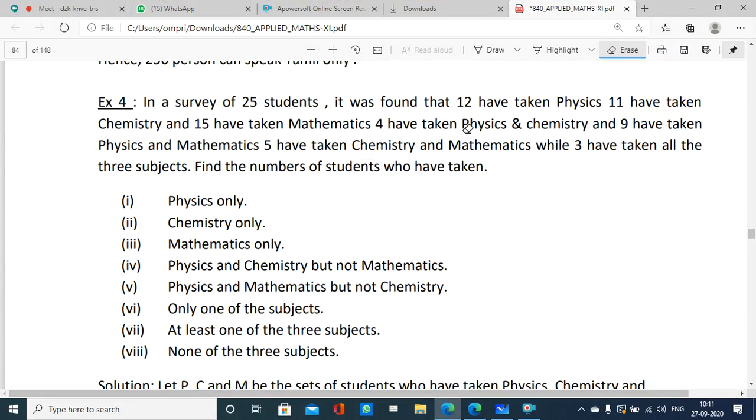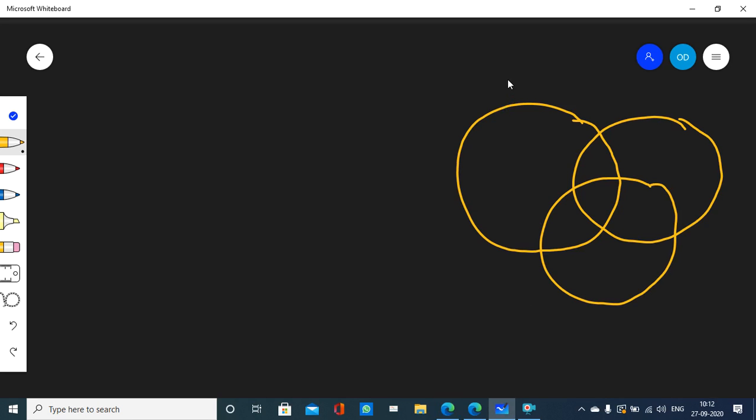Physics, chemistry, mathematics. Let's call one set P, one set C, and one set mathematics M. Now let's mark all the disjoint portions of this set. Disjoint portions means what? You see this.